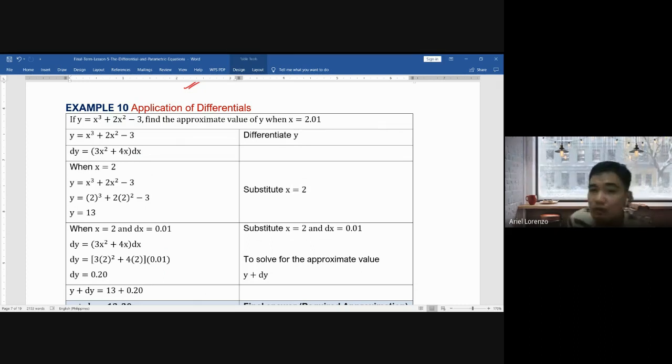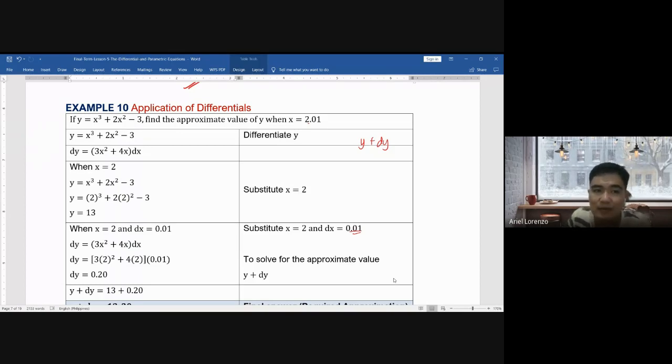Ang x mo is whole number. So, x mo dito is 2, ang dx mo is 0.01. So, ang magiging approximate value naman lagi, class, is equal to y plus dy. Okay? The approximate value will always be equal to your y plus dy.